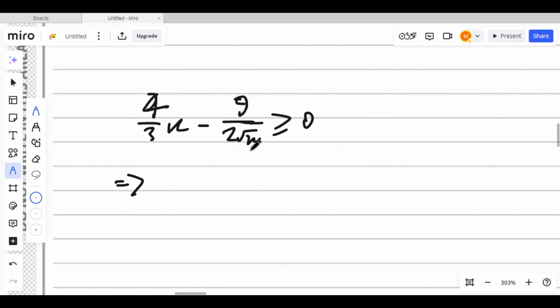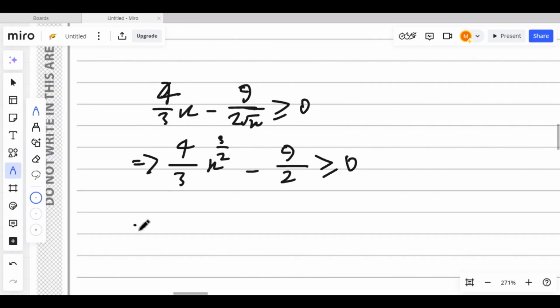Multiply both sides by square root of x. You'll get 4 over 3 x to the power 1 plus half, this is 3 over 2, minus 9 over 2 greater than or equal to 0. Now multiply both sides by 6.